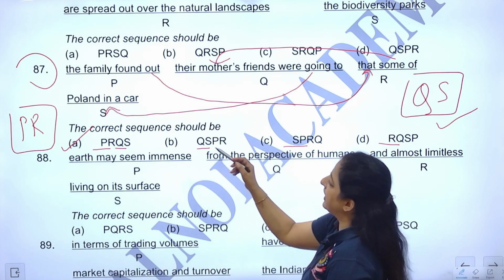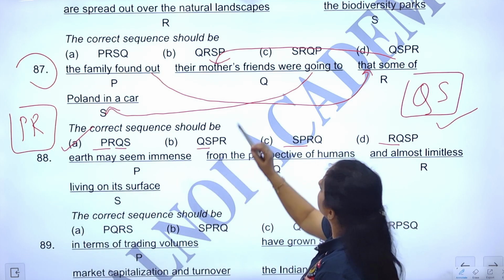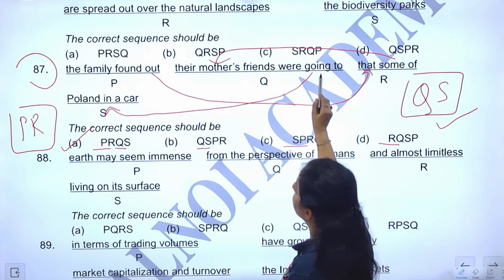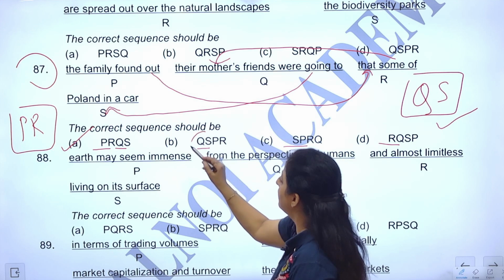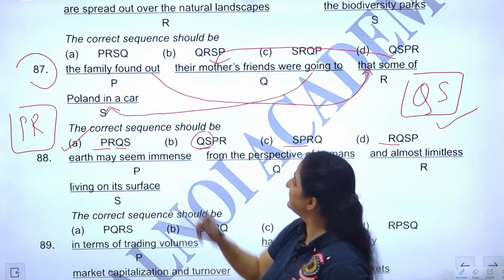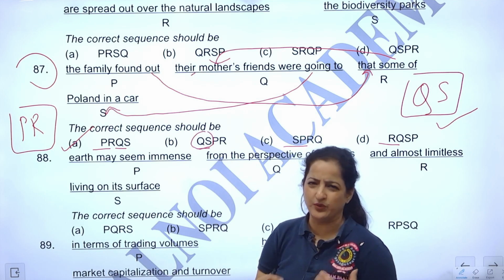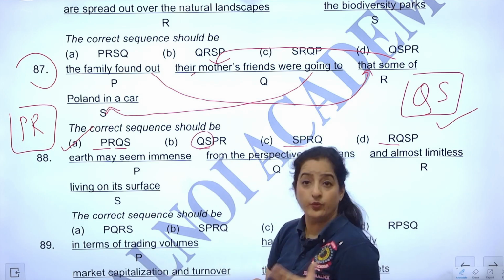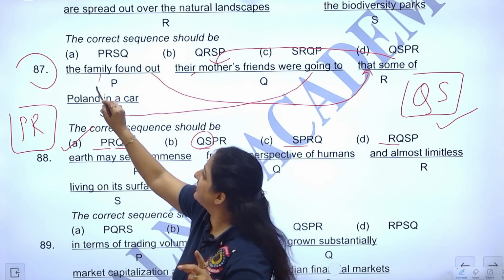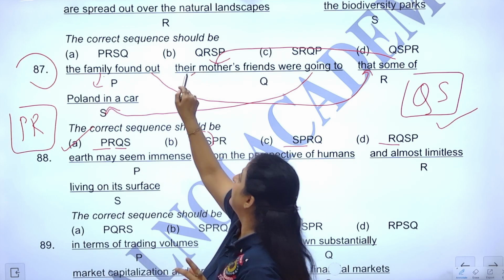Nevertheless, we will read Bravo. QSPR. Their mother friends were going to Poland in a car. Okay, not bad. However, I would still say this is beginning with a pronoun and we really don't know whose mother's friend. So, earlier our answer was good because we had the noun first, family, and then unki mother's friend.